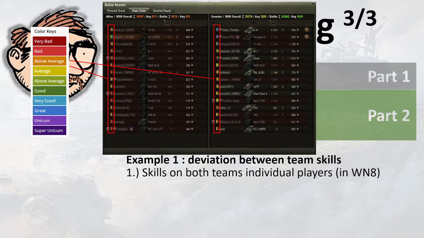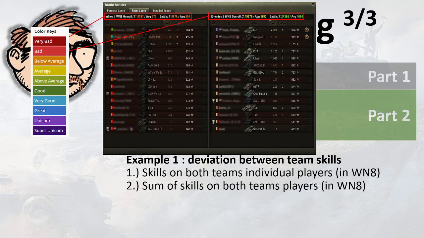For example, in my ally team, there are a lot of oranges, some yellows, and so on. The enemy team also has yellows, more yellows, some oranges, a couple of unicorns, or one unicorn, one very good player, and one pure red. So that's something we can find out right away.